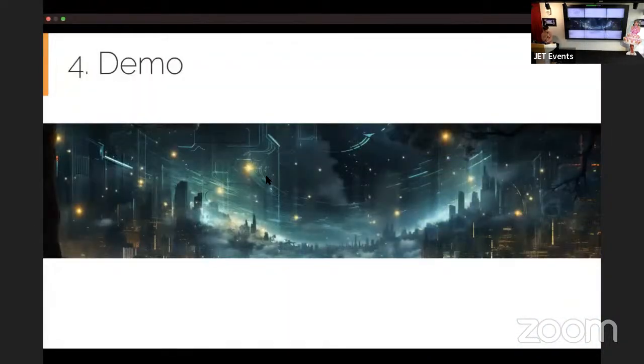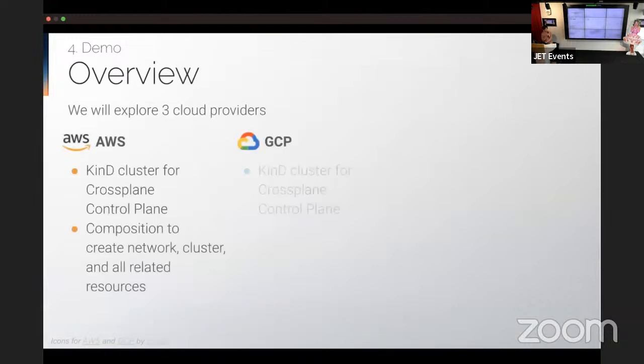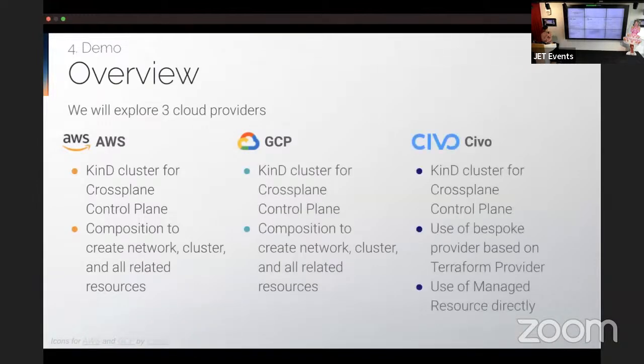Another quick guide about what the demo is about. We'll explore 3 cloud providers: AWS, GCP, and Civo. We'll have 1 kind cluster per provider, which means I would have 1 Crossplane control plane each.